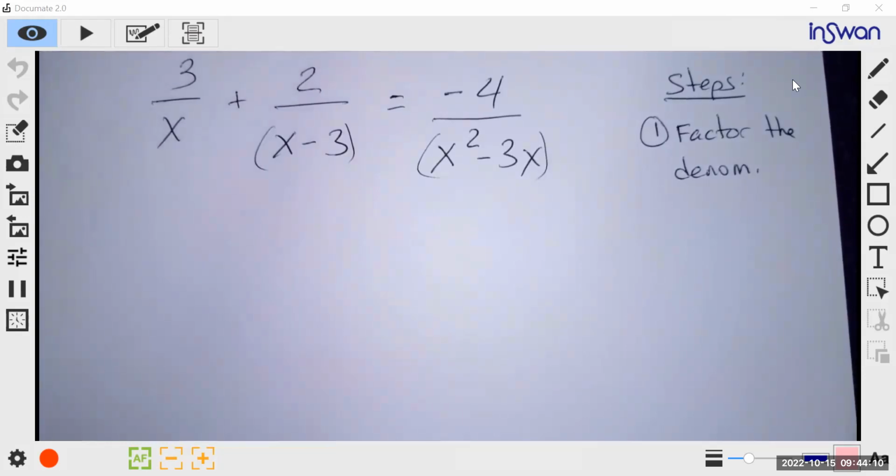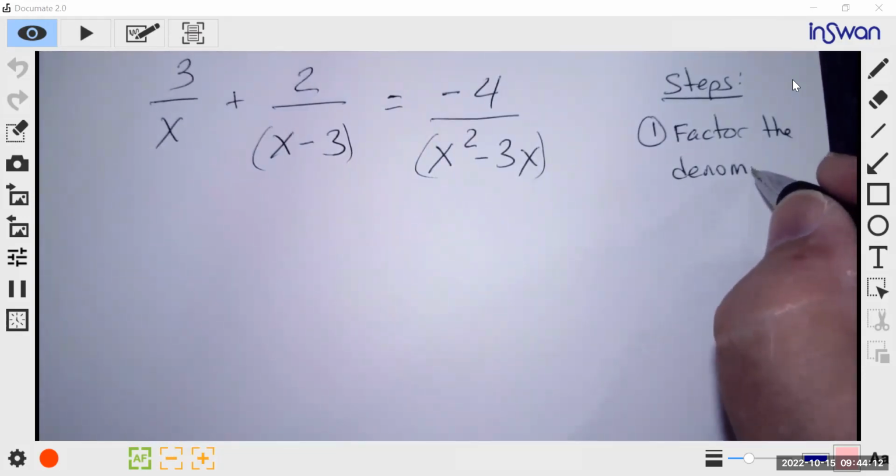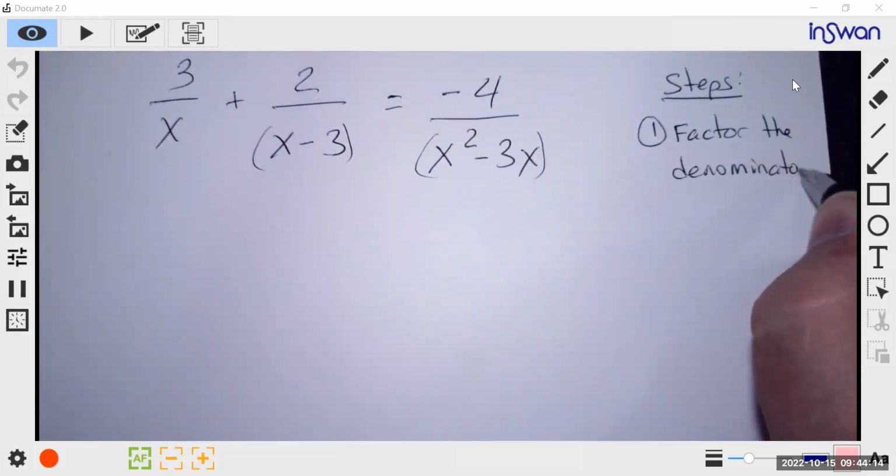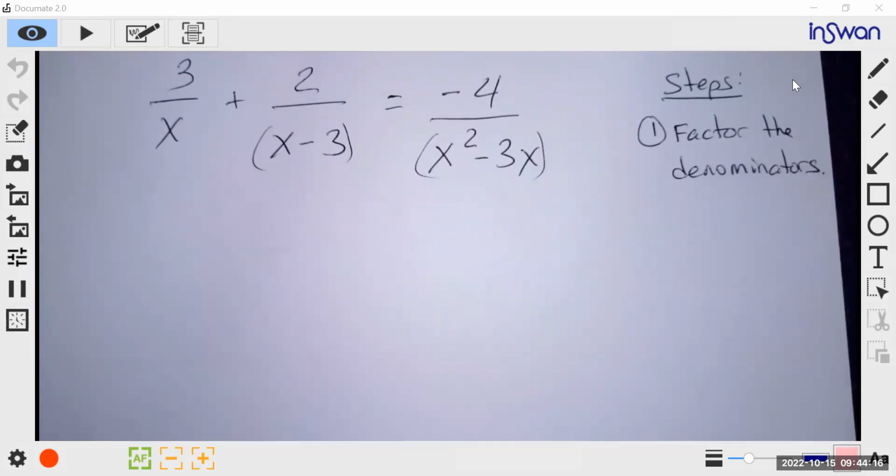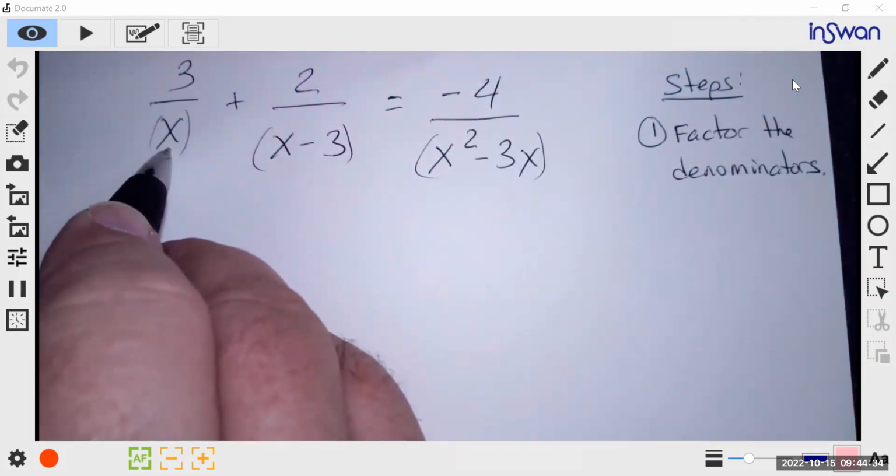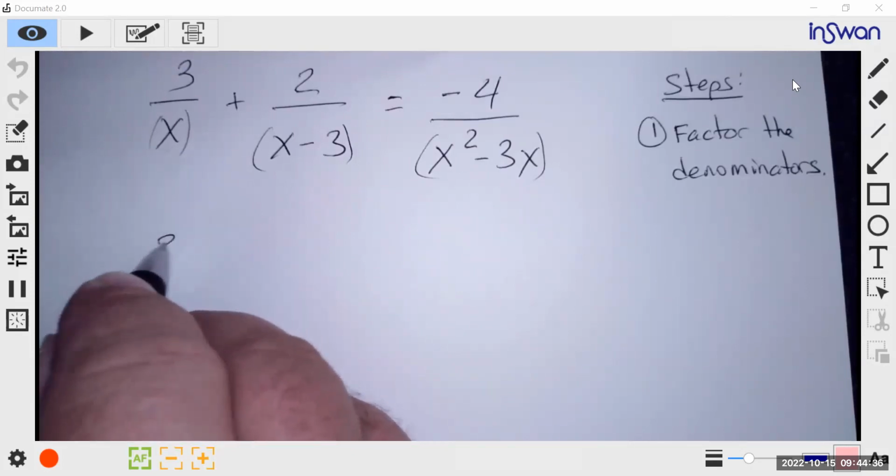First off, factor the denominators. We need to see what the lowest possible terms are for each one. So that one's as far as you can go. So that one's good.